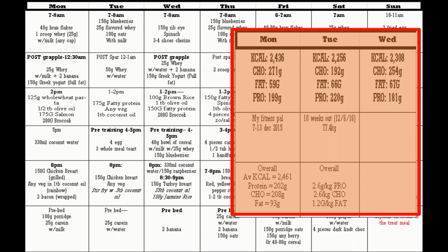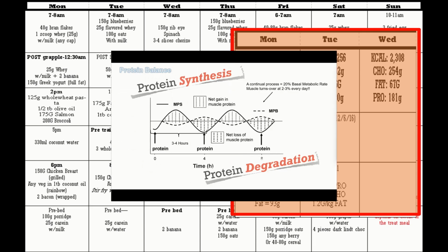In addition to that, as I first mentioned, this is 5 meals which are pretty much separated by around 2, 3, or 4 hour intervals. Now, the reason why it's been designed in such a way is that there was a study in the Journal of Physiology by Areta in 2013 who wanted to test how we can optimize muscle protein synthetic rates over the course of a 24-hour period.